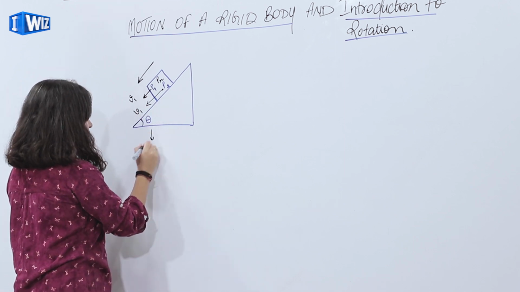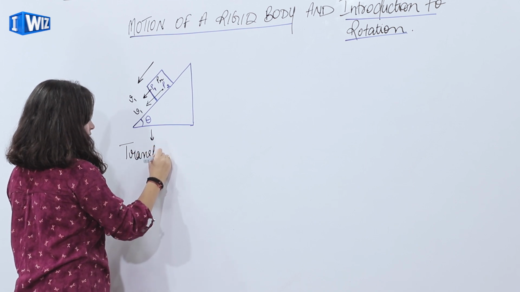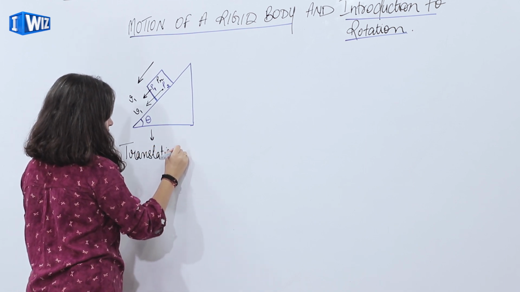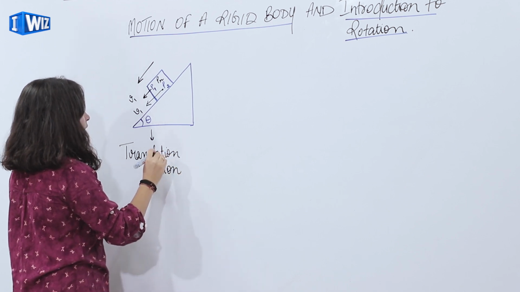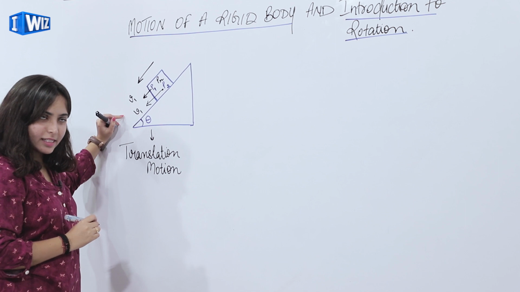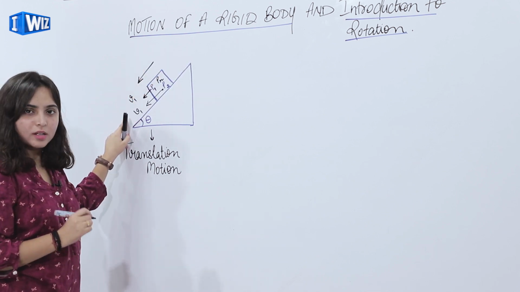So this is a translation motion. In translation motion, the direction of velocity is the same and the object is moving from upward to downward position.